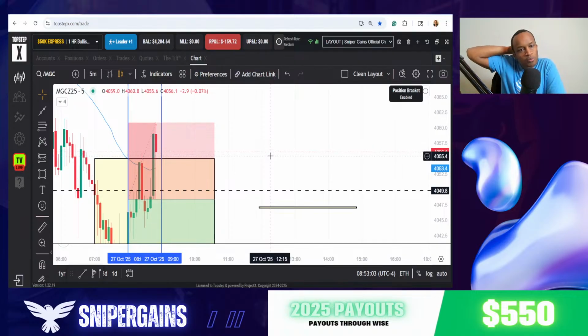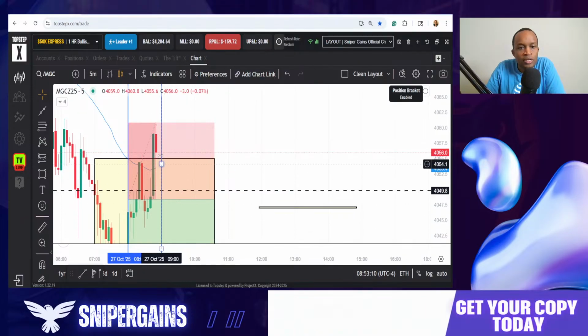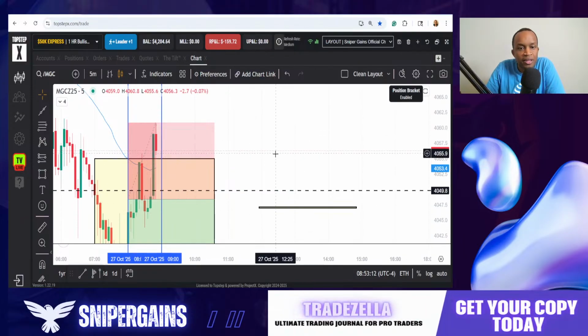Okay, we got 2 more minutes. Let's see if it will close down below this fair value gap, or if it will form a bearish fair value gap.